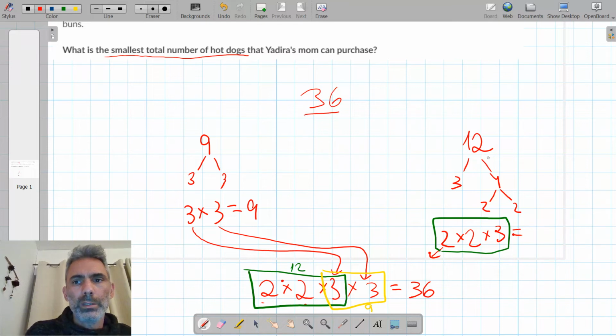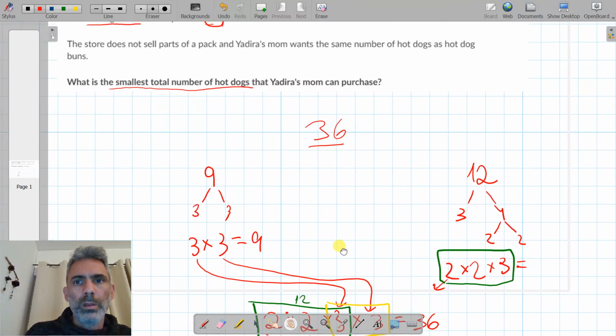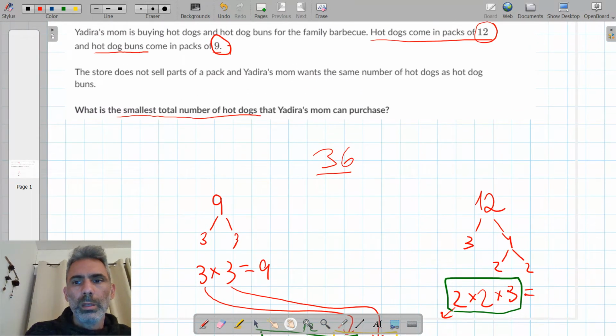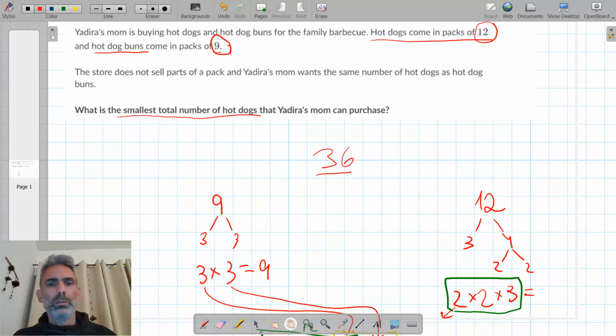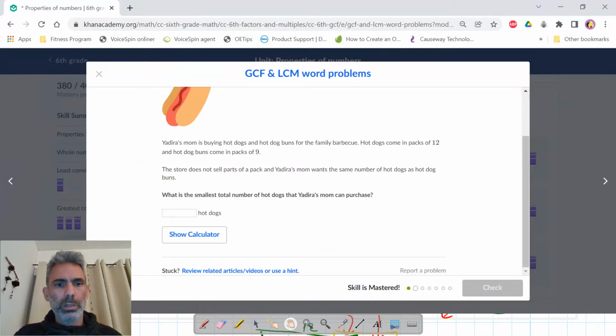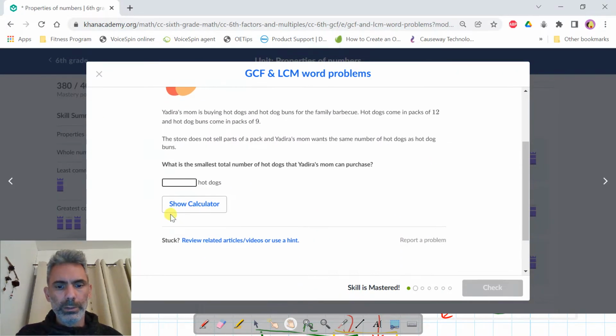And 36 is the smallest total number of hot dogs. Okay. So she will need 3 packs of hot dogs, which is 36 hot dogs, which is the smallest number of hot dogs, 36.